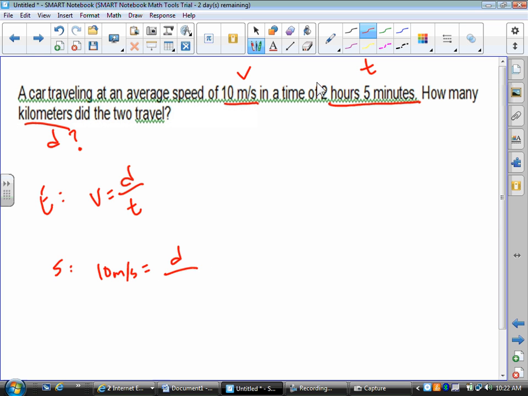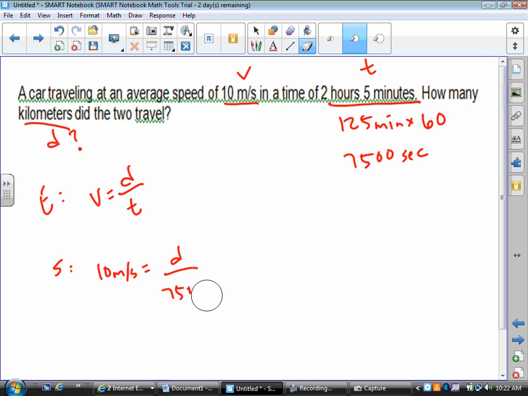Well, first, how many minutes are in 2 hours? 120, right? 60 times 2 is 120. So we have a total of 125 minutes here. And we'll multiply that by 60 because there are 60 seconds in a minute. So this times this gives you a total of 7,500 seconds. So we'll go ahead and put that time down here, let me go ahead and erase that.